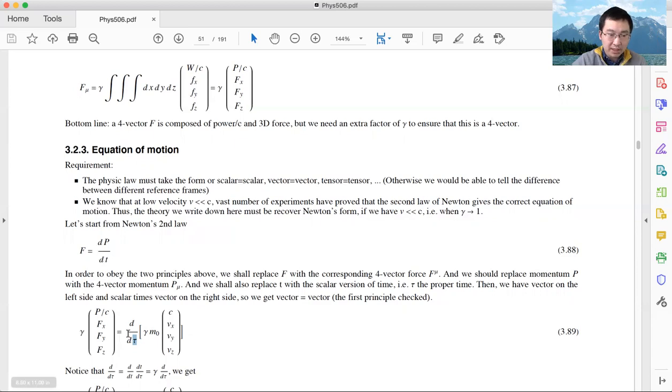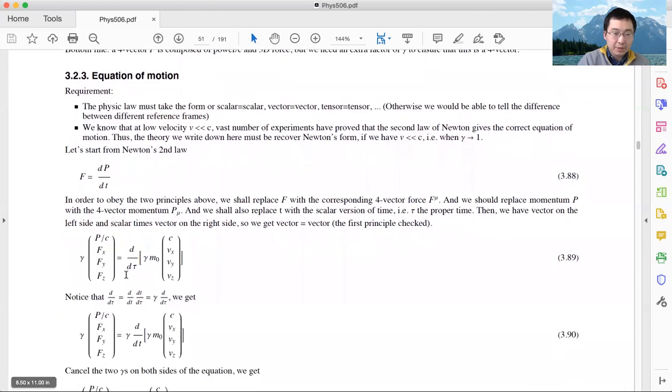So we replace this time derivative with the proper time derivative, d/dτ. Once we do d/dτ, this object is a scalar, and a scalar times a vector is a vector. So the right-hand side is a vector. The left-hand side is also a four-dimensional vector. So this equation of motion satisfies the structure of vector equals vector, and this physics law will stay the same in different reference frames. That's the generalization of Newton's second law.